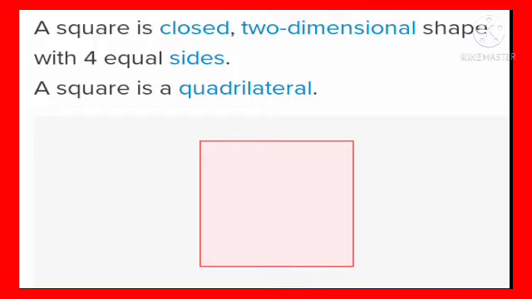It is a closed two-dimensional shape with 4 equal sides. A square is a quadrilateral. What is a quadrilateral? All closed four-sided figures are called quadrilaterals. It has four sides, four vertices and two diagonals.